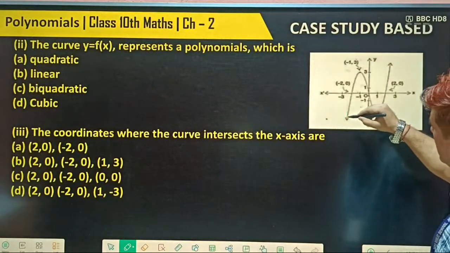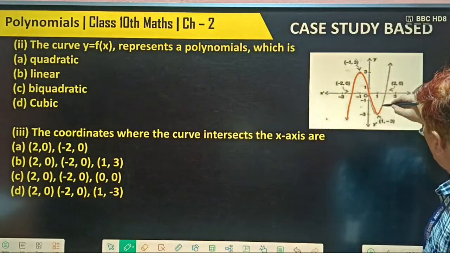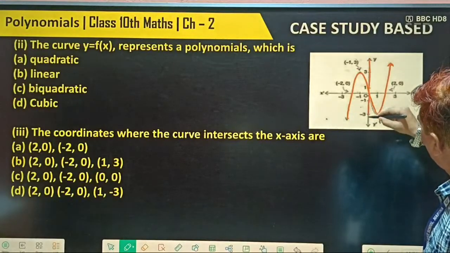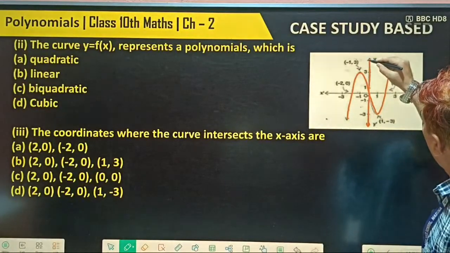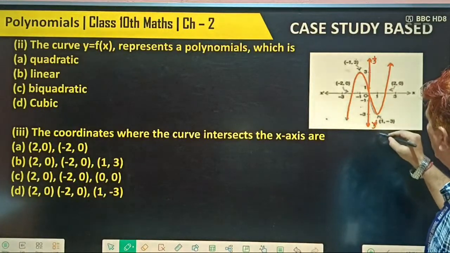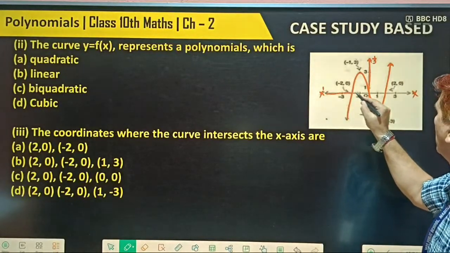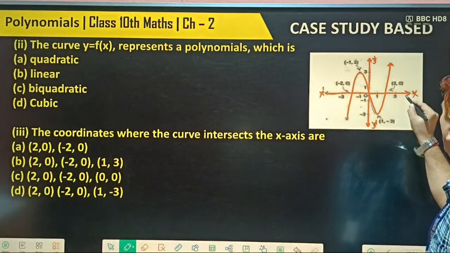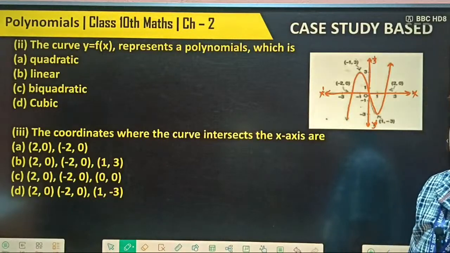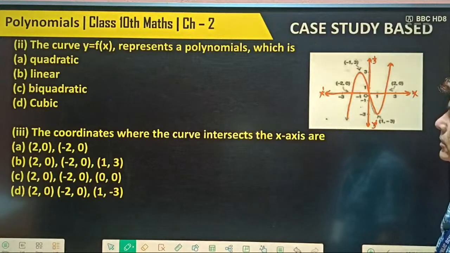Same graph. This is the y-axis, this is y dash, this is the x-axis. The curve y equal to f(x) represents a polynomial which has 3 zeros.